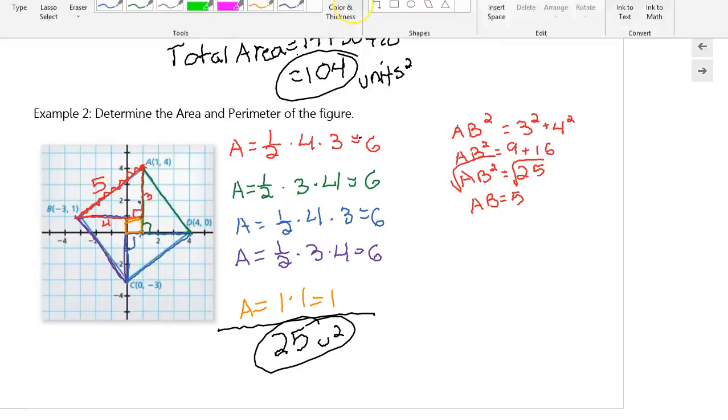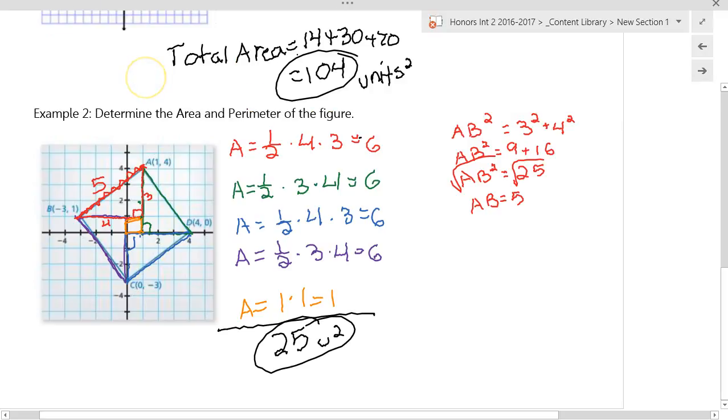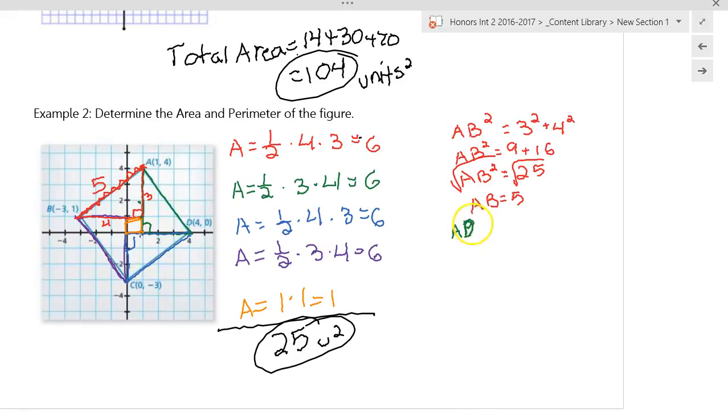Let's do that with the green. AB squared equals 1 squared plus 3 squared. Doesn't matter which order you do them in, remember. So AB squared equals 16 plus 9, so AB squared equals 25, where the root is AB equals 5.